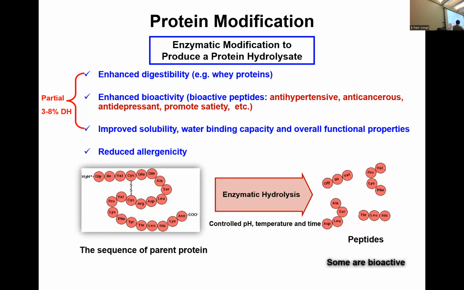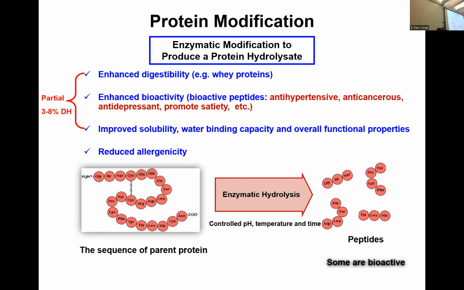So depending on the enzymes we choose, their specificity, the environmental conditions, pH, temperature, time, even ionic strength, you're going to get a different set of peptides from the same protein. Some of these peptides can be bioactive, and the nature of these peptides can give different functionality.